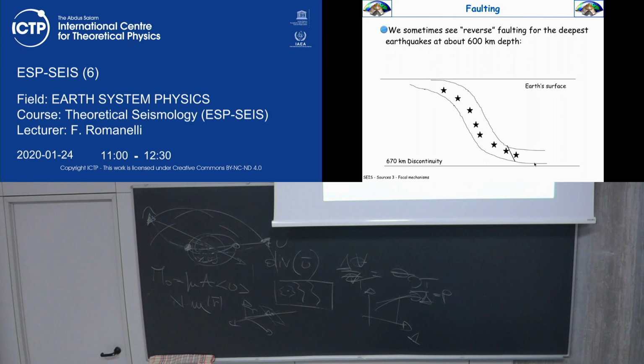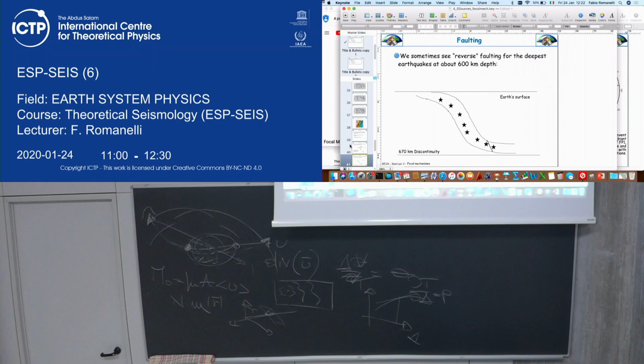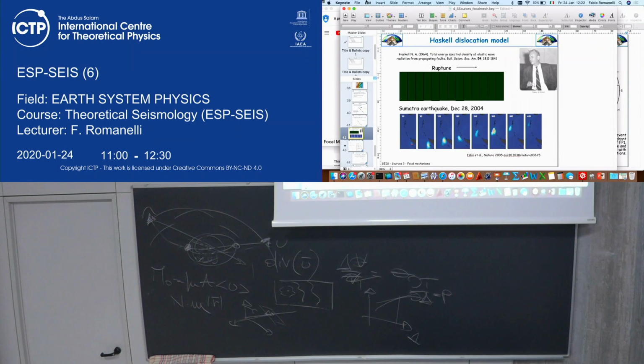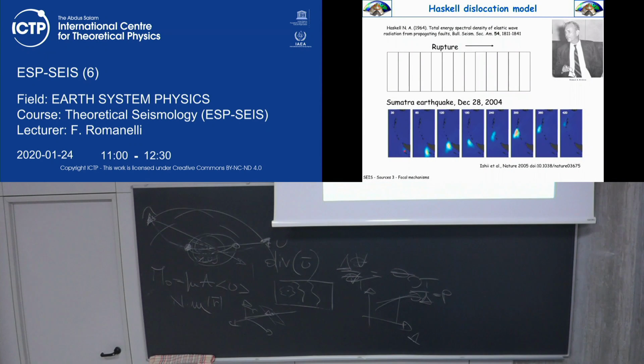And you can read also the beautiful paper published in 1968. And you can also relax with this, because there is a picture. Well, rupture is supposed to be something like that. Now, that picture is coming from an old paper published by Norm Haskell. Haskell was pretty much everywhere in the 60s as a seismologist.